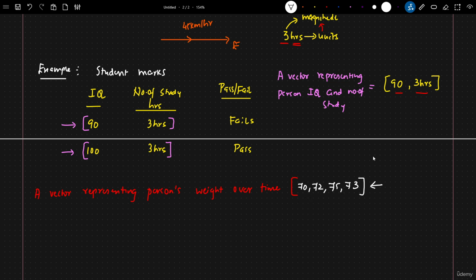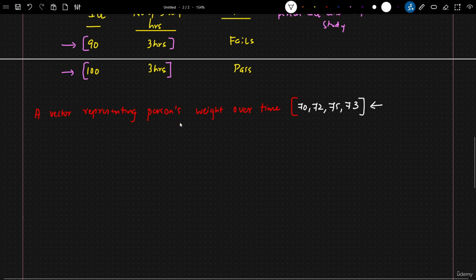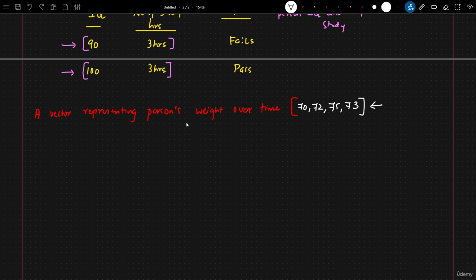Now, many people may be thinking, Krish, where does direction come into the picture? In the context of data science, whenever we talk about vectors, we don't necessarily mean they have a physical direction in space, like a vector has in physics, for example velocity.